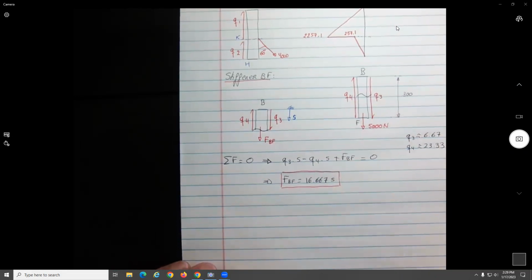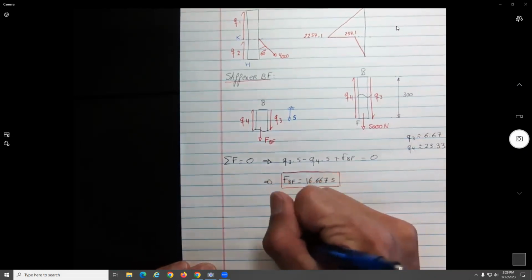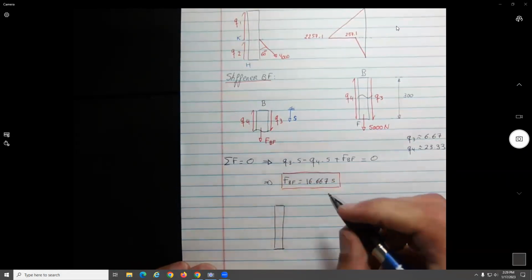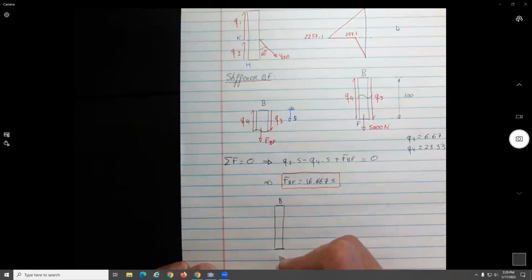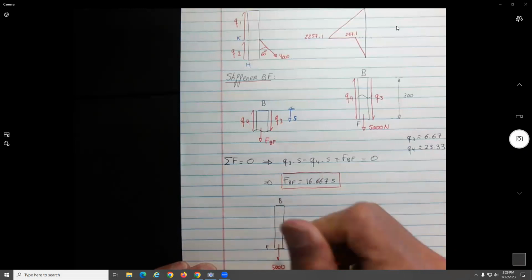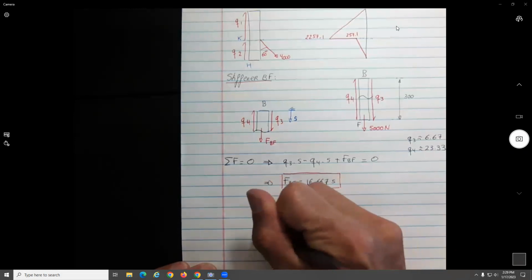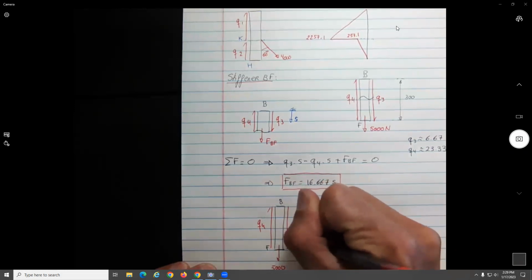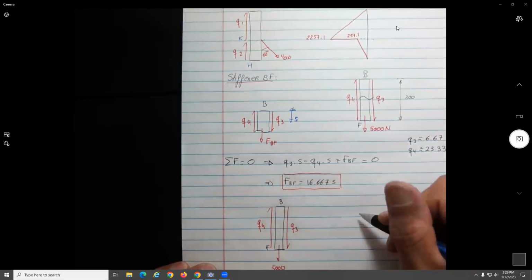So again, if we need to do the diagram again, B, F, 5,000, Q4, Q3.